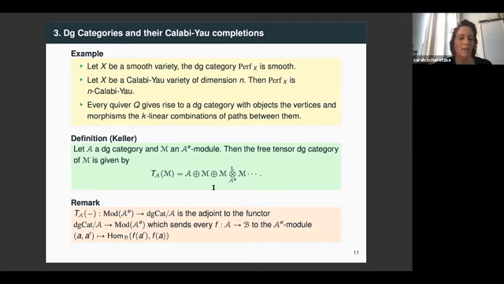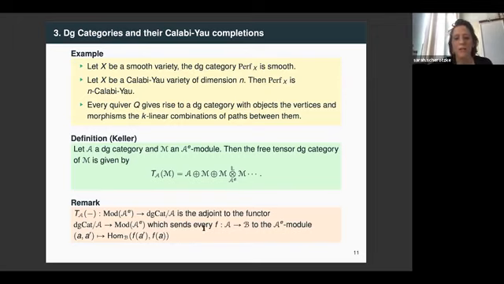A conceptual way to explain this construction is that T_A is a functor from A bimodules to DG categories over A, that is, DG categories with a functor from A. It is the adjoint to a functor that sends a map F from A to B, so a DG category over A, to an A^e bimodule, by sending the pair A', A to the complex Hom in B of F A', F A. F A' is an element in B, and F A is also an element in B, and I can look at the Hom space in B, which is a complex.